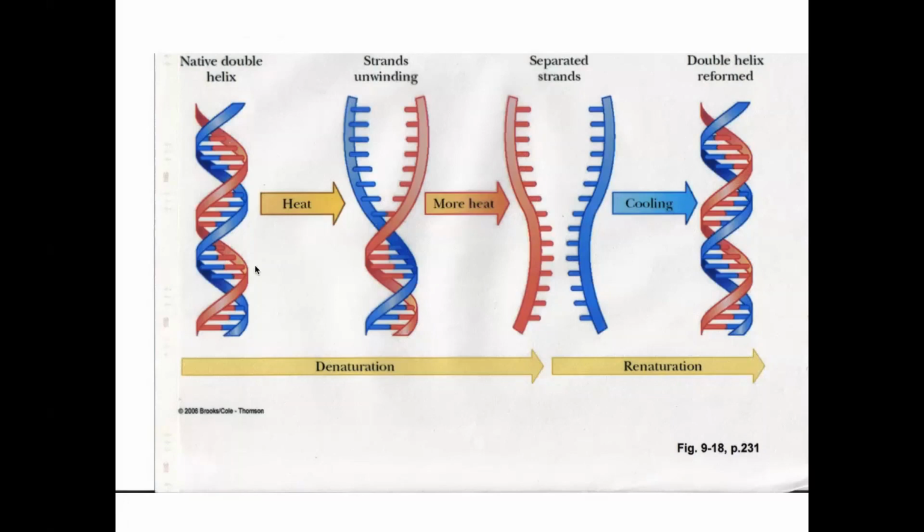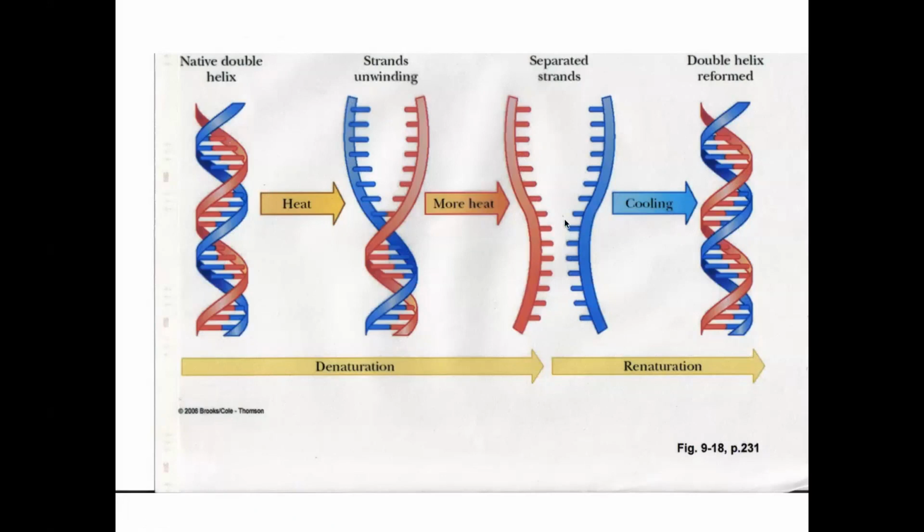So how do you do that? You can do it chemically. There are different chemicals that will break those hydrogen bonds. Or you can use temperature. You can use heat. As you increase the temperature of the sample of DNA, the hydrogen bonds start to break and the molecule denatures and eventually is converted into a single-stranded form.